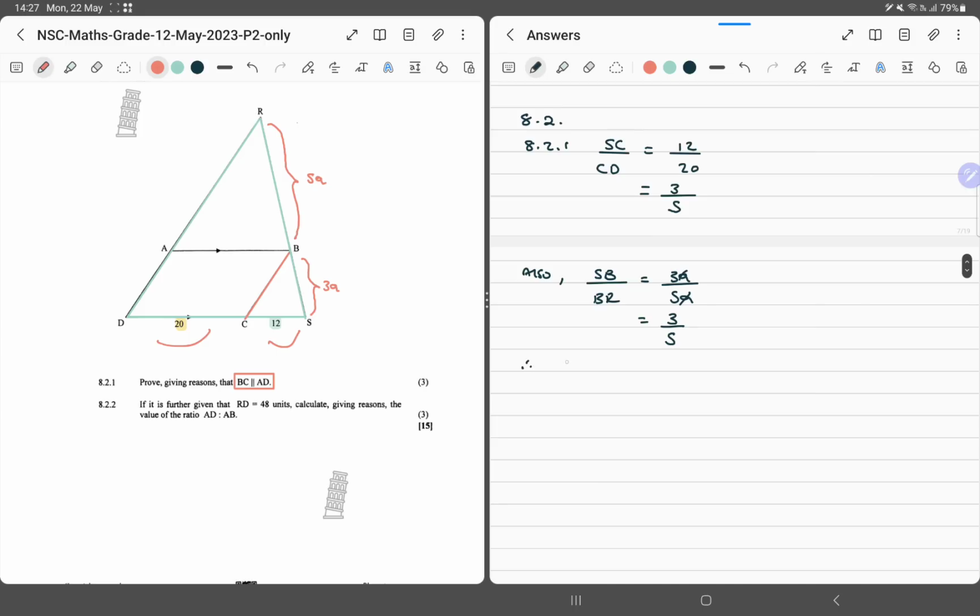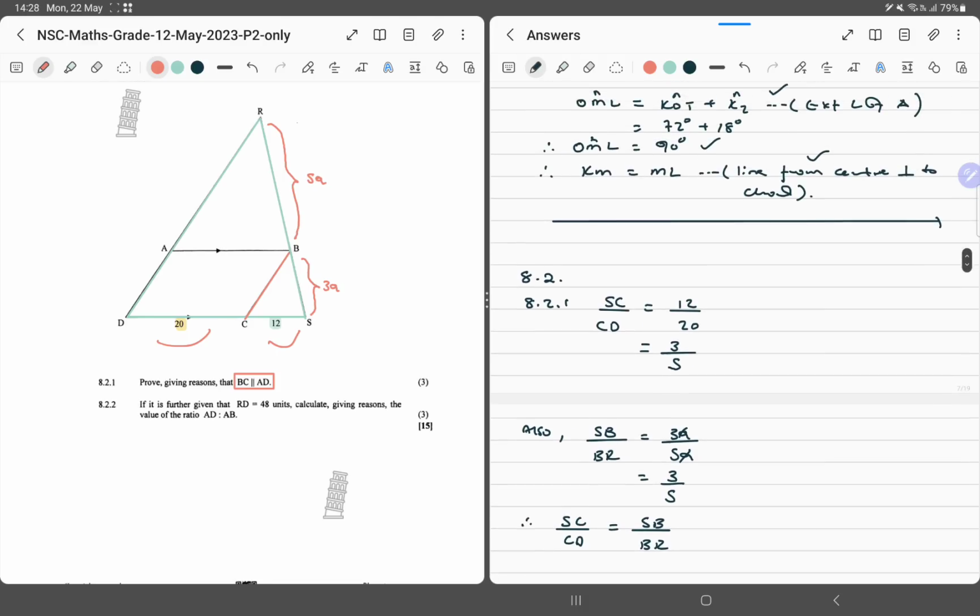We can say therefore SC over CD is equal to SB over, what is this?